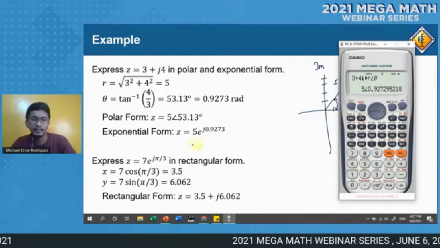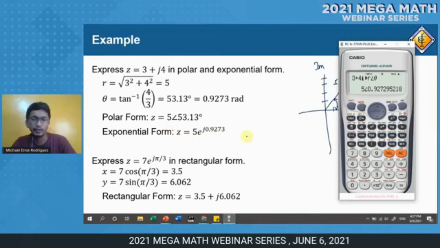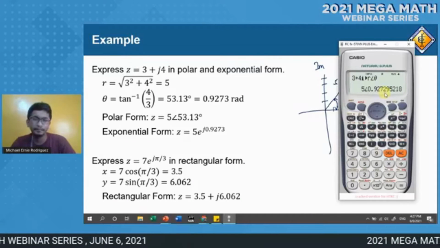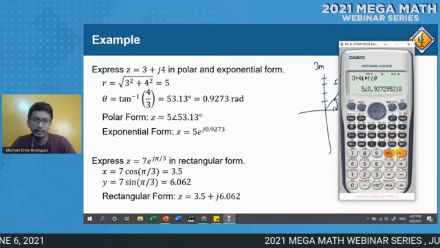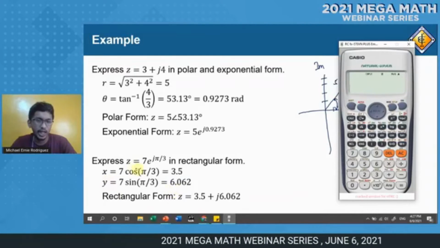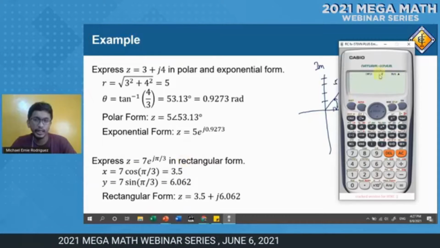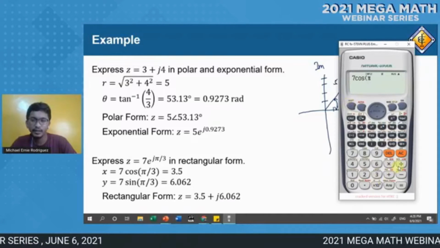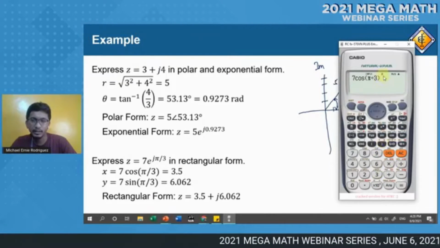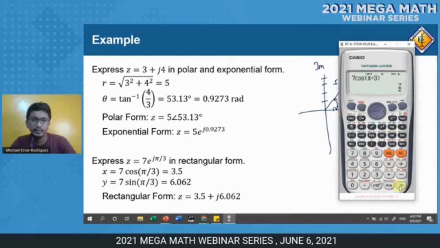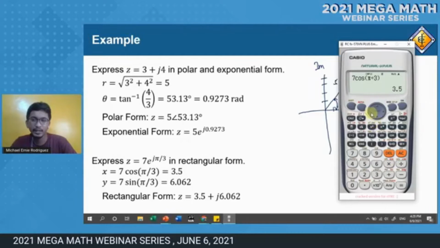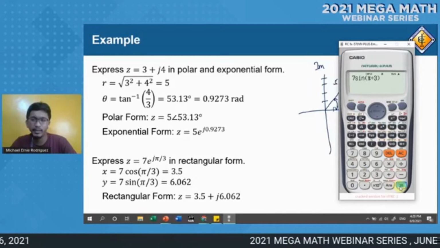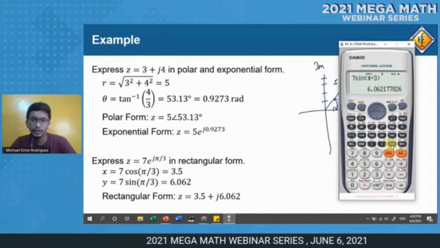Now for the given exponential form, the calculator is set to radian. Input 7 cosine pi over 3. You must be in radian mode, always check that. We get 7 over 2, or 3.5. Many make mistakes here. And for y, sine, that is 6.062.